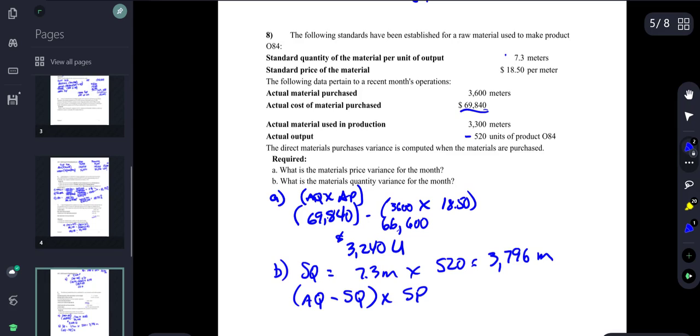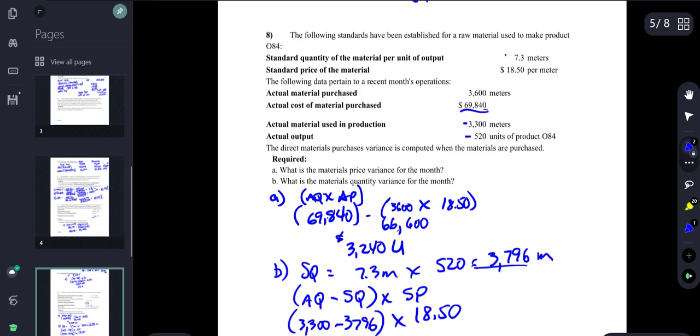So the actual quantity that we had is what we used in production. It's right here, 3,300. So 3,300 minus the standard quantity that we calculated here, 3,796, times the standard price of $18.50 a meter.